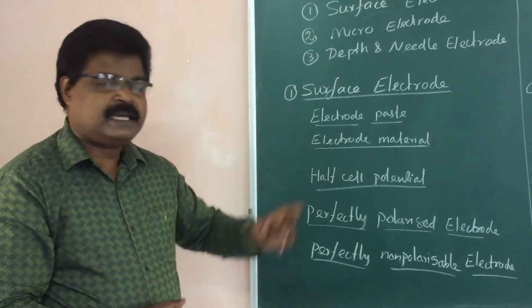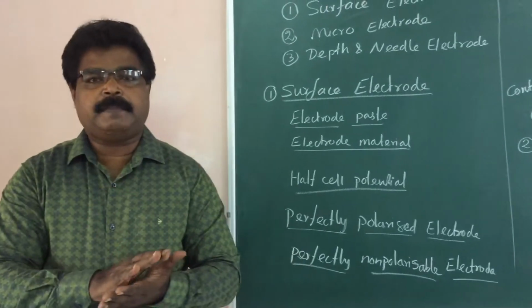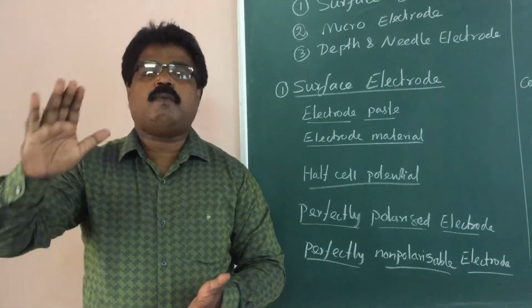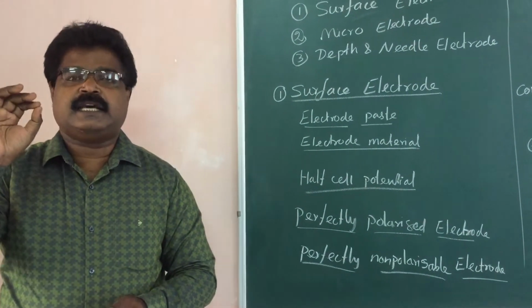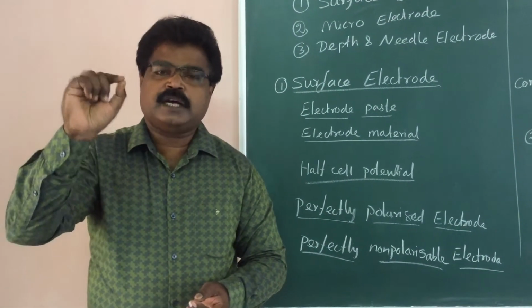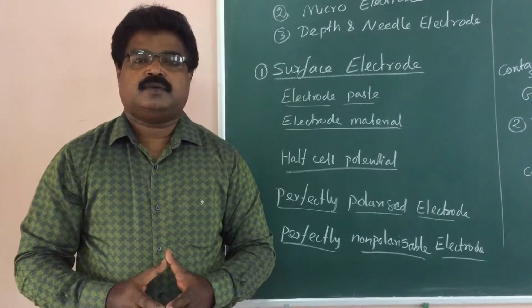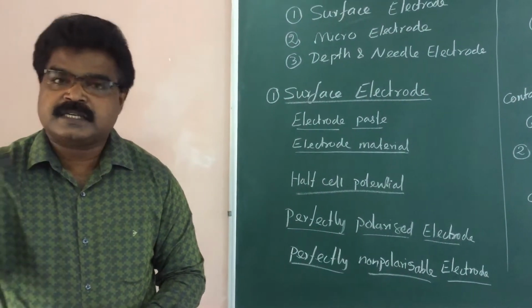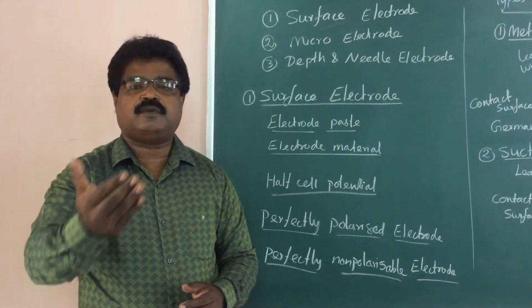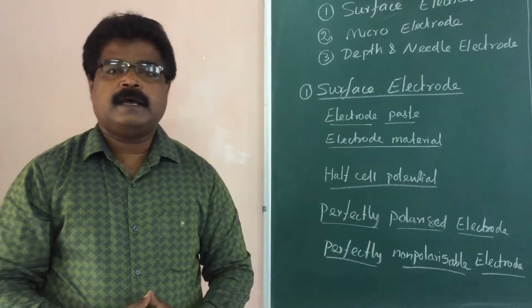The electrode material used to produce electrodes must be compatible with body fluids. When it is compatible, there is a transfer of ions from the body to the electrode, so we can pick up the signal and process it.